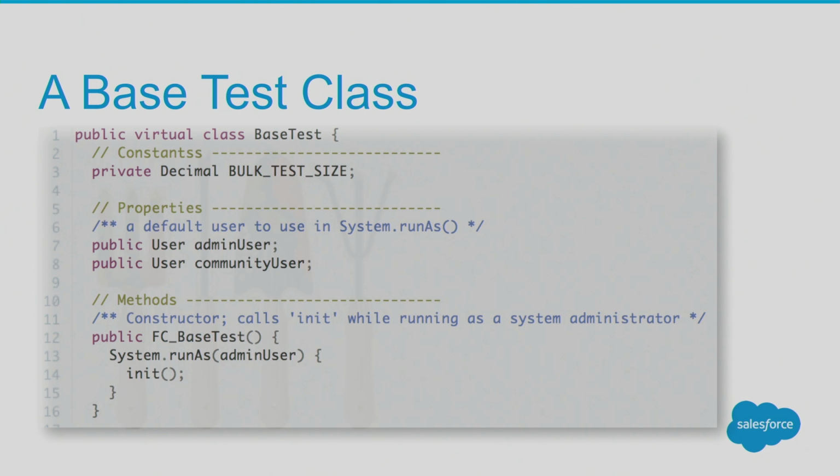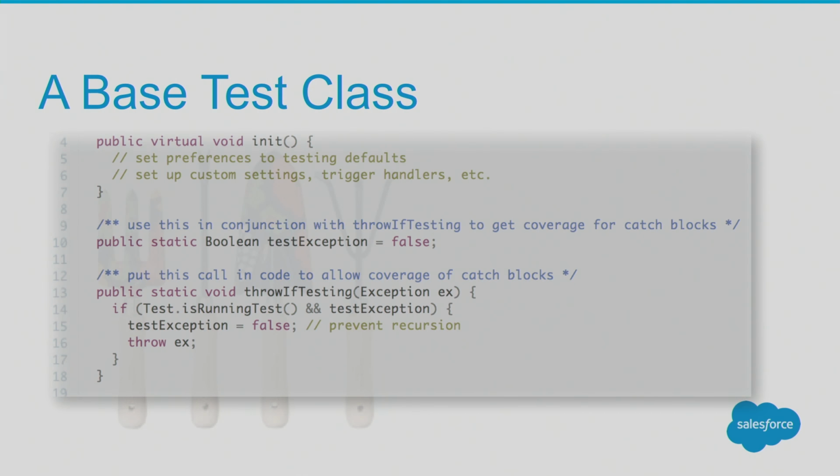I ripped it off from some of my personal library and didn't make all the changes I needed to. But so the base constructor here is going to call run as administrator and then call an init function, which you put all your initialization code in that function. You know, if you have things in your system that you know need to be set for every test, right? Custom settings, records that need to be in place, whatever.